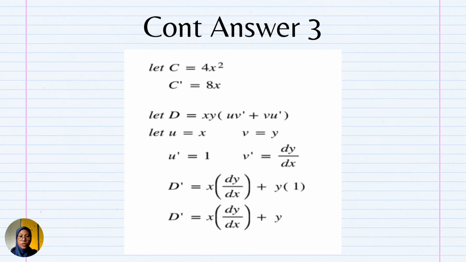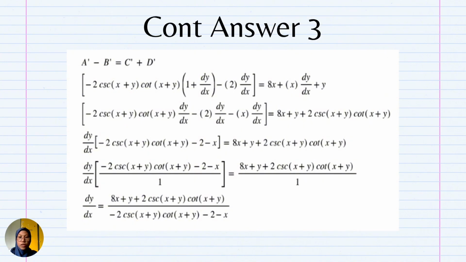Let d equal xy, we use the product rule. The formula is uv prime plus vu prime. Let u equal x, u prime equal 1, v equal y, v prime equal dy over dx. So the derivative is x dy over dx plus y.